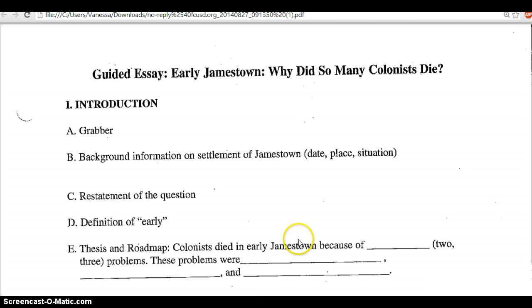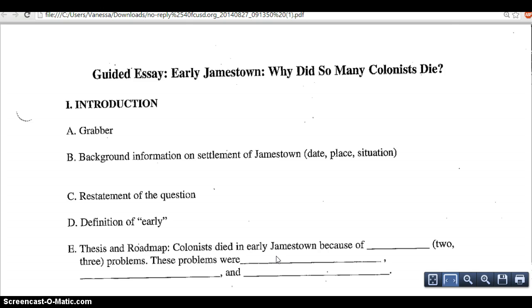Next, you need your thesis and roadmap. So you're going to already have this. Colonists died in early Jamestown because of, write the word three. We're going to say 3 reasons. And then your 3 reasons are going to be from your branches. Whichever one you chose first is going to go here. So you said unskilled settlers, then you would write that here.